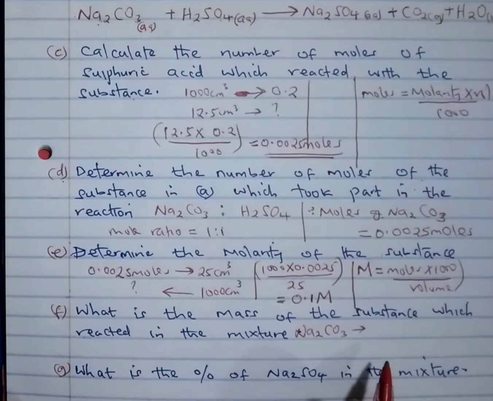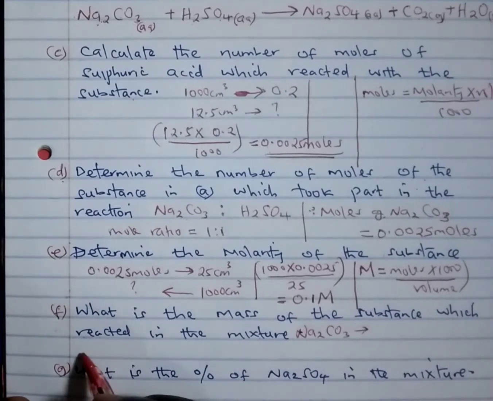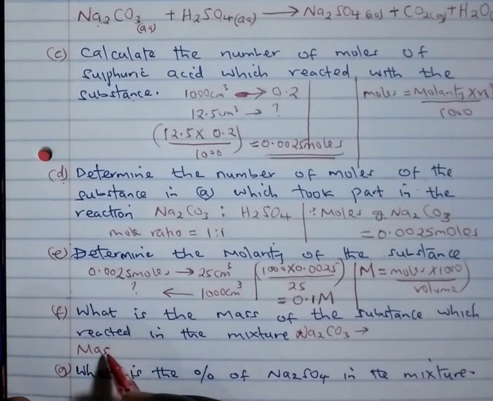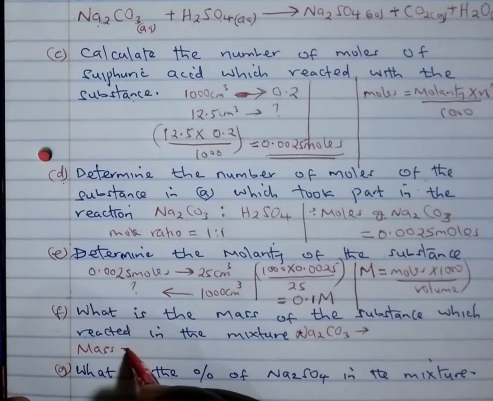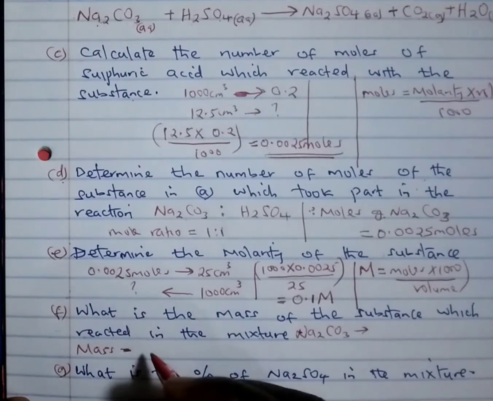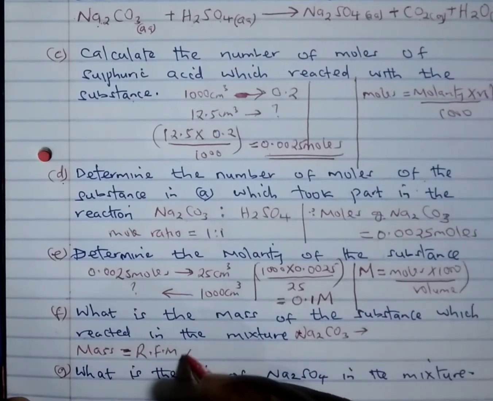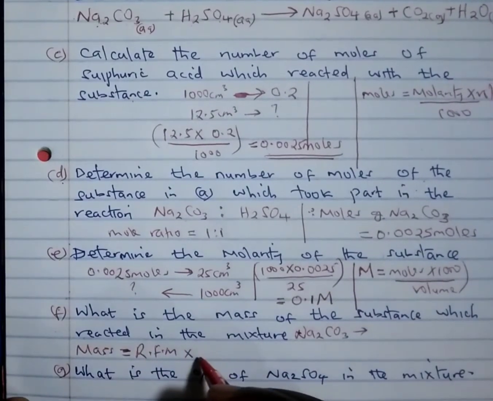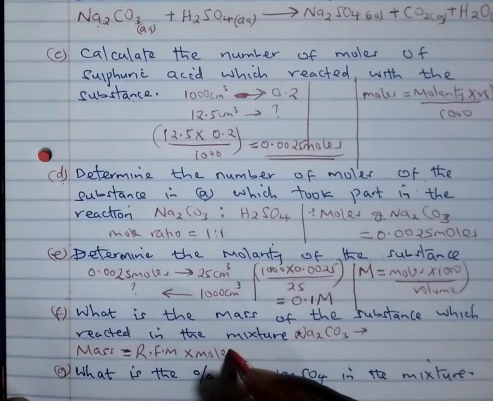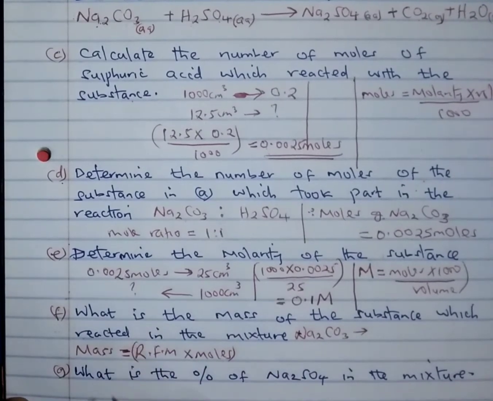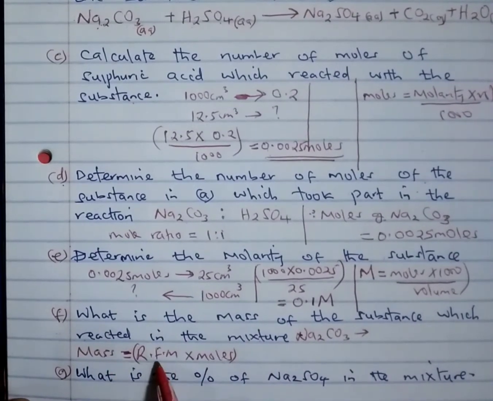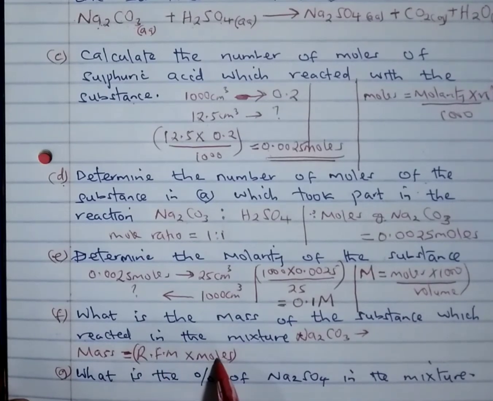In this case, we know mass is given by the relative formula mass. We multiply by the number of moles. That is how we calculate the mass. We take the molar mass times the number of moles.